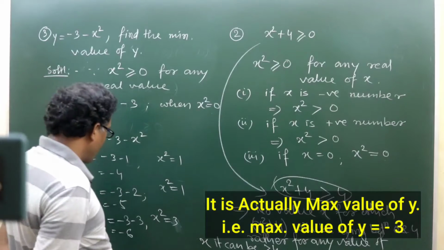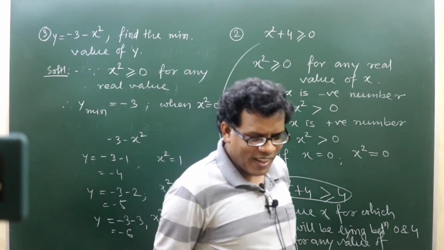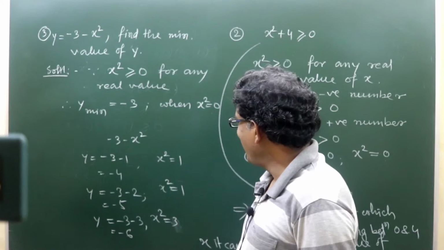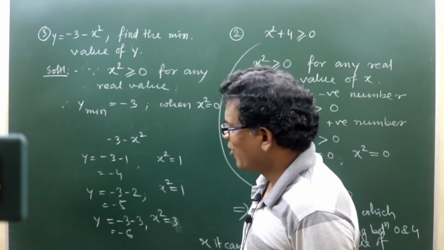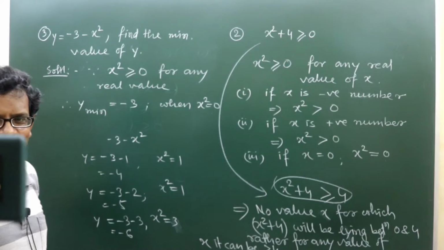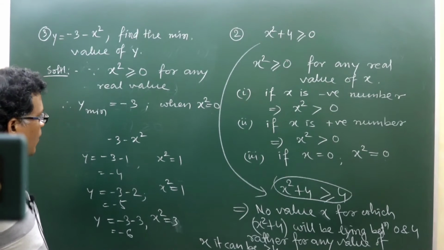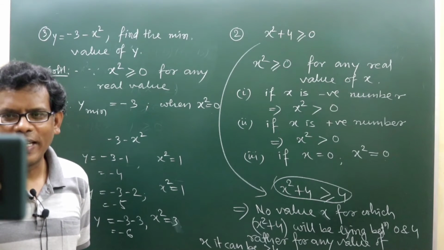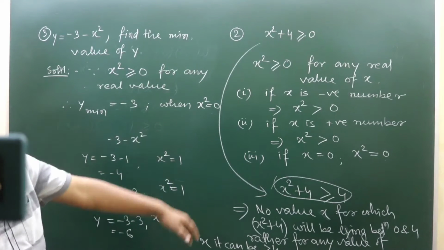I asked about the minimum value. So what will be the answer? How will you give the answer then? Are you getting how we are getting confused? Primarily we thought that taking x square minimum, we will get the minimum value, as we did over there.